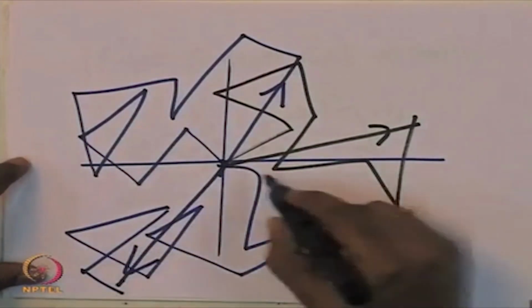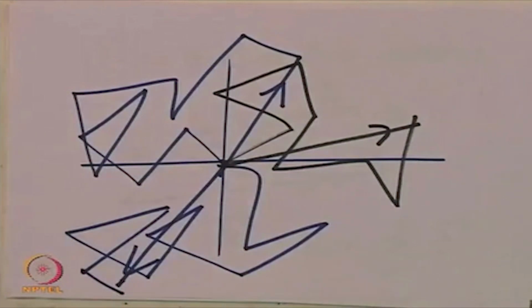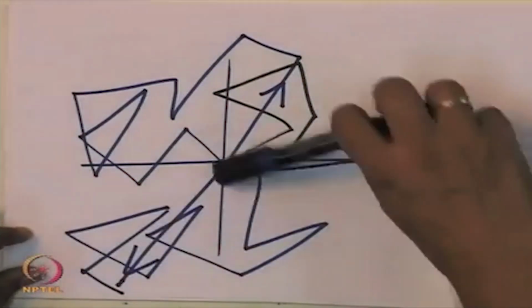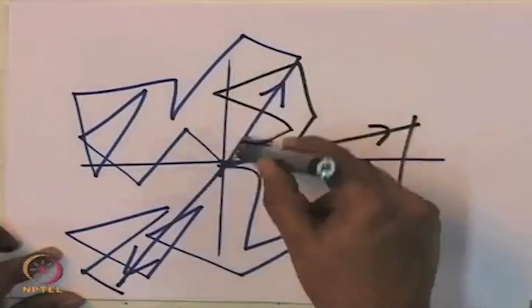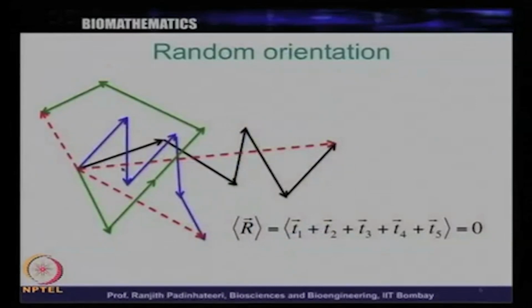So, the end to end distances might be oriented in completely random directions, one here, one here. Have a look at this plot here. You have 3 different randomly oriented proteins shown in 3 different colors: black, blue and green. Black has this particular orientation and the end to end distance is this red here.